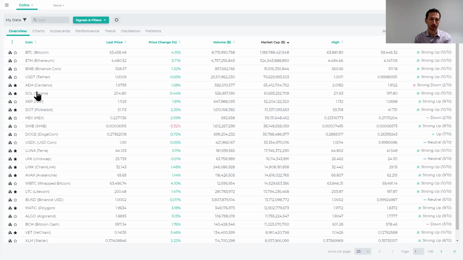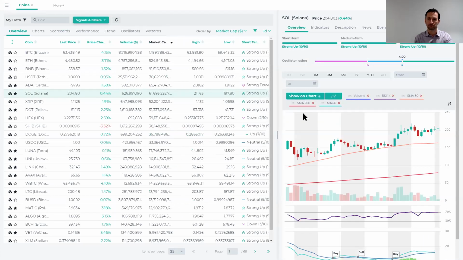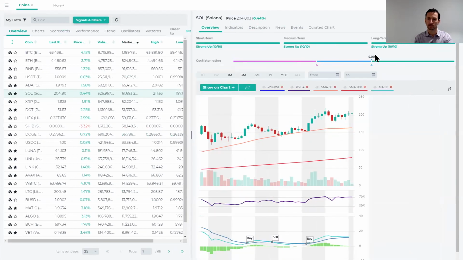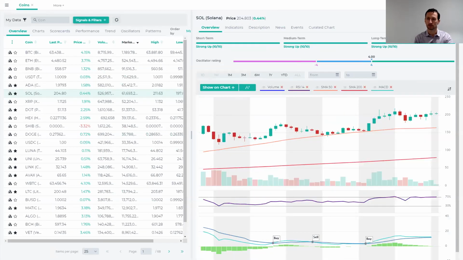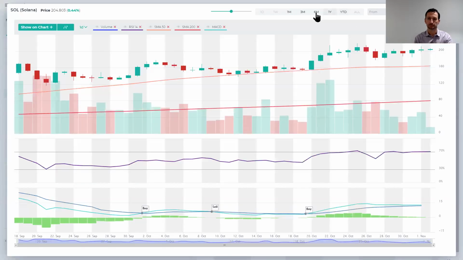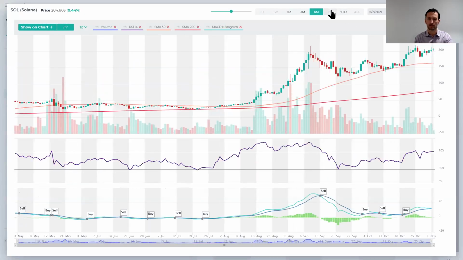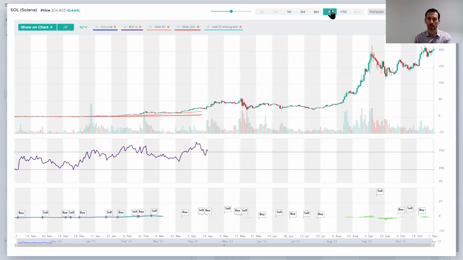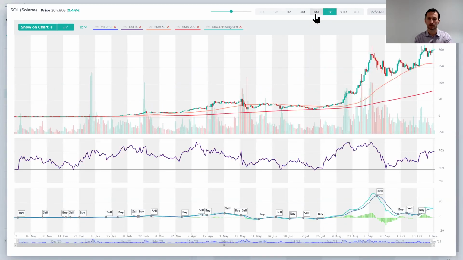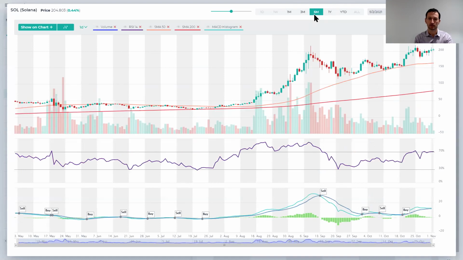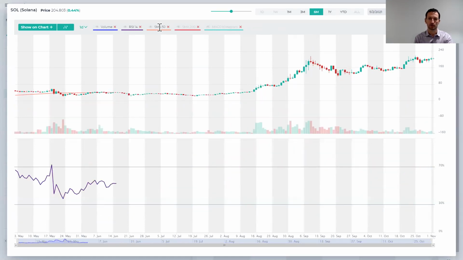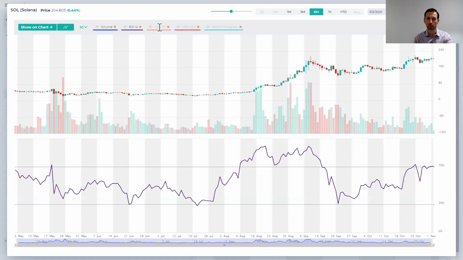We can take a look at Solana. Let's go ahead and look at the big chart, maybe a 1-year chart. Let's stick with the 6-month chart. And for now, let's hide some of the other noise from the chart and stick to the price and RSI levels.